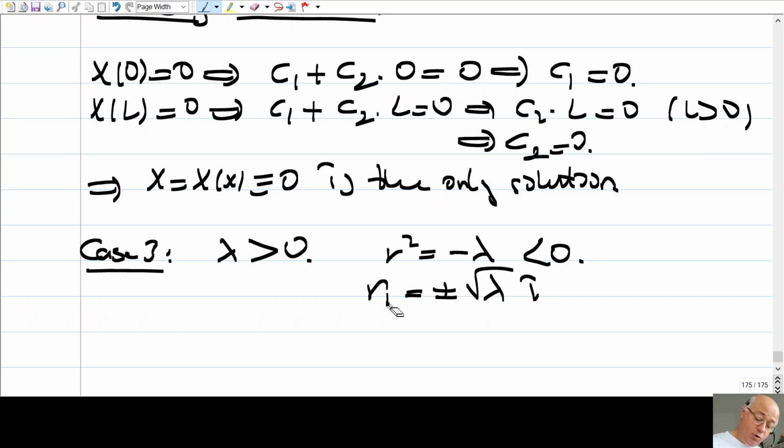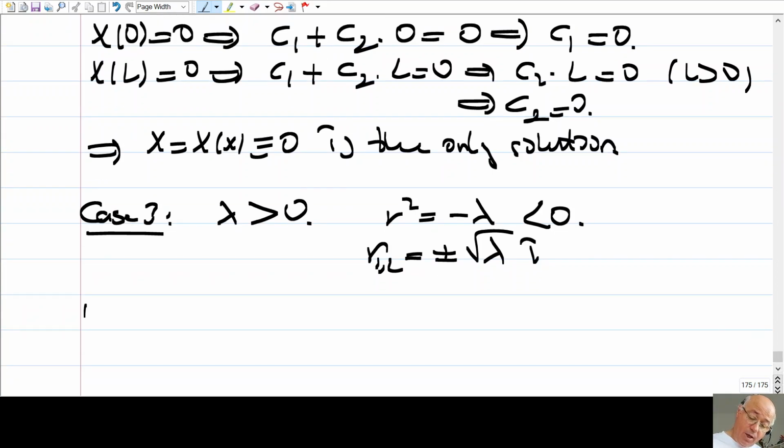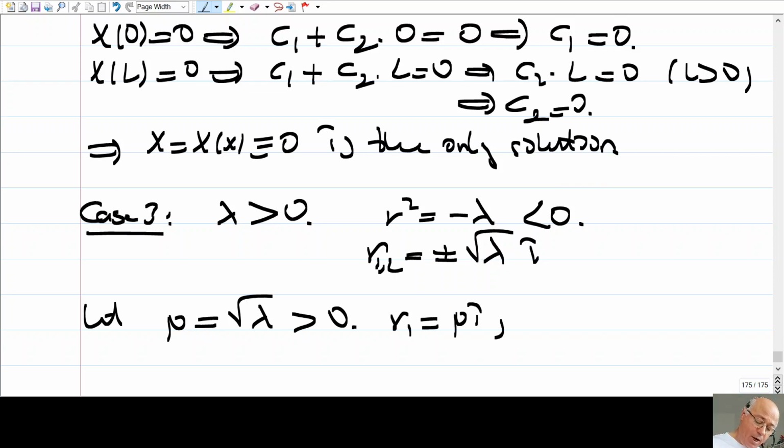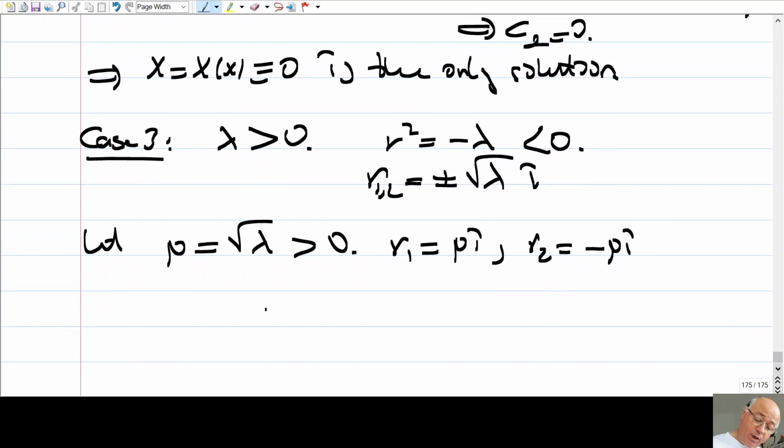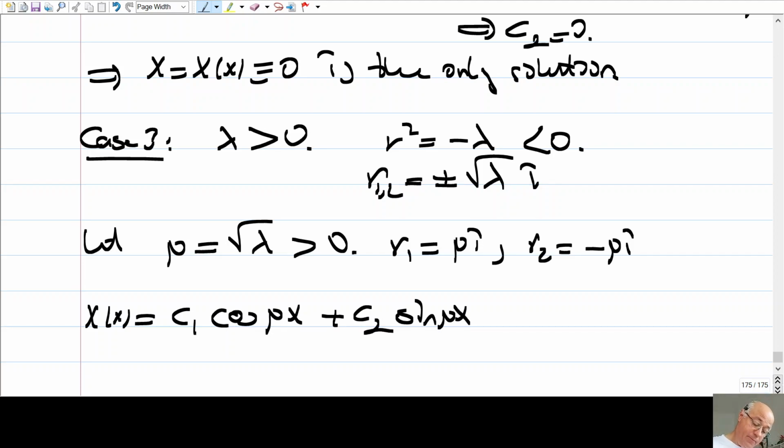So r1 and r2 are just these numbers. Let's call the square root of lambda mu, which is a positive real number. So r1 is just mu times i and r2 is minus mu times i. And what about the solution then? X of x equals C1 times cosine mu x plus C2 times sine mu x.